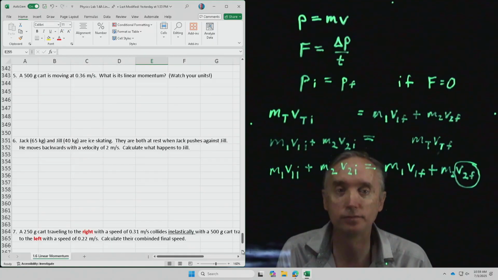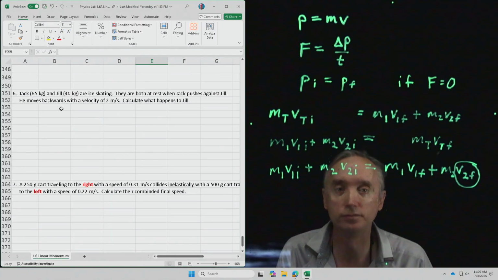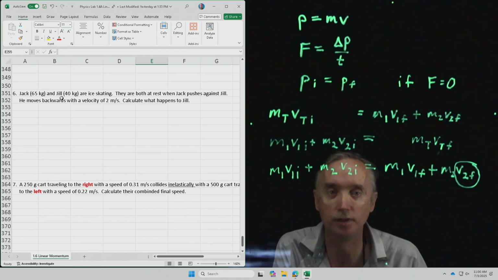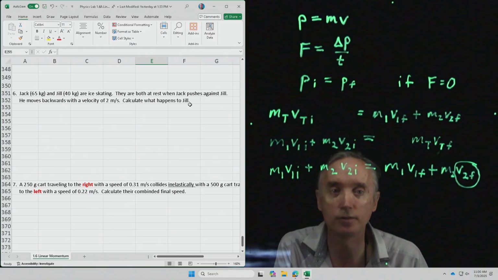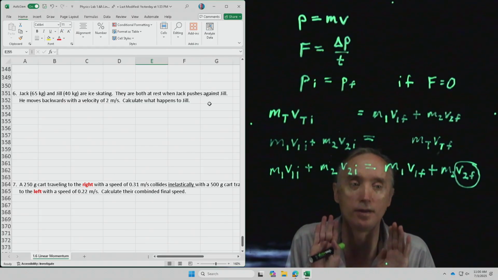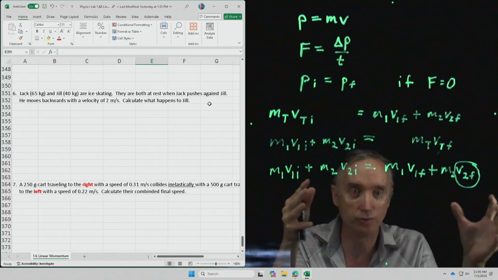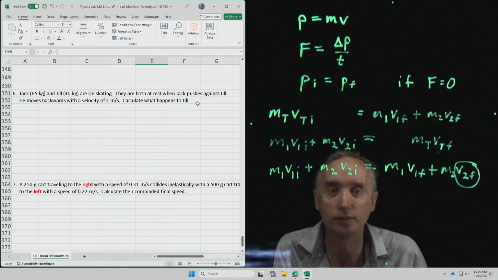Number 6. So you've got Jack and Jill. I give you the mass of Jack, I give you the mass of Jill, and they're ice skating. They're both at rest when Jack pushes against Jill. So they're together, and then one of them pushes against the other one, so they're going to start to move away from each other. He moves backwards with the velocity of this.